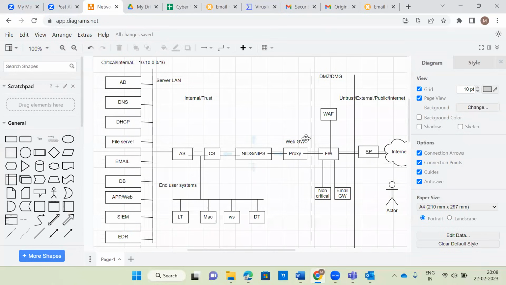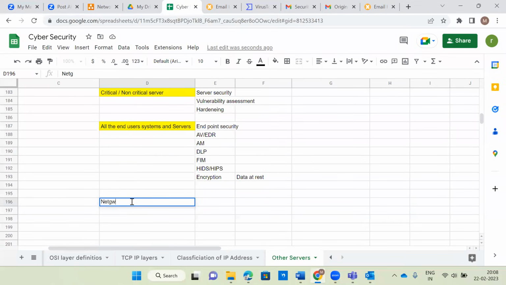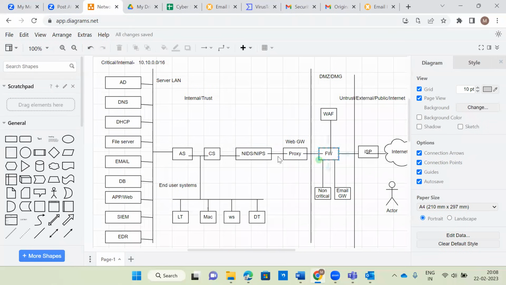Next, you can see this one is network security, also called perimeter security. What are the solutions that will come as per the diagram? Which is the perimeter here? Perimeter means internet facing, guys. Which device is internet facing here?